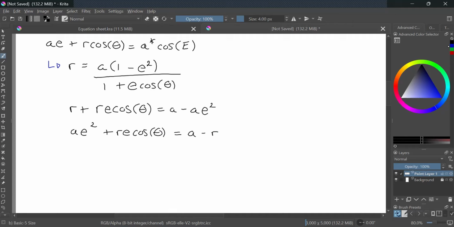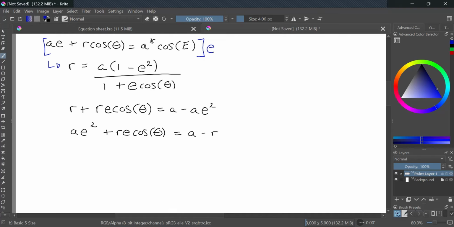If we go over here to do this, if we scale this entire equation by the eccentricity, it doesn't matter what we scale it by because it will be equal to itself. You're just scaling the same thing. It's fine.